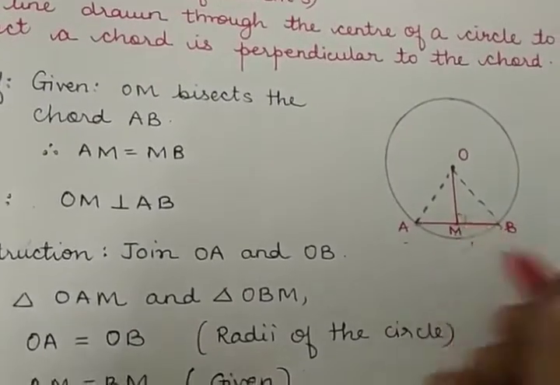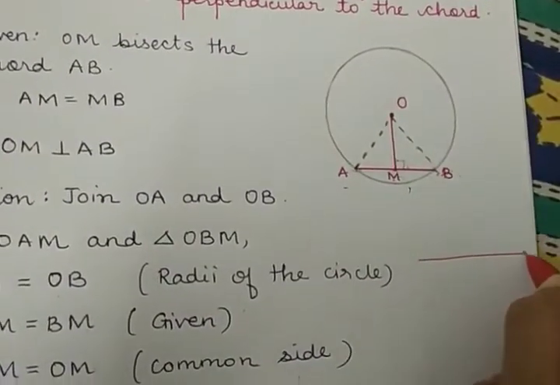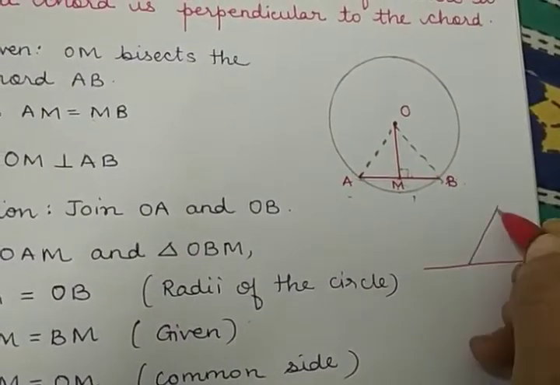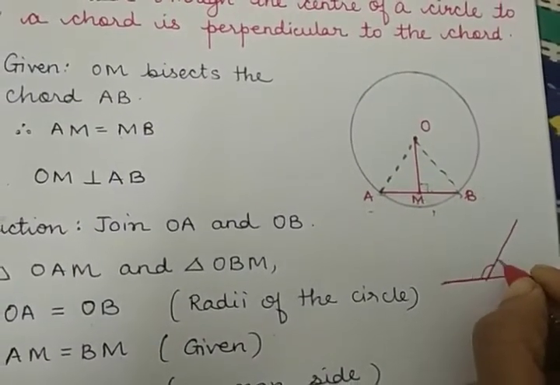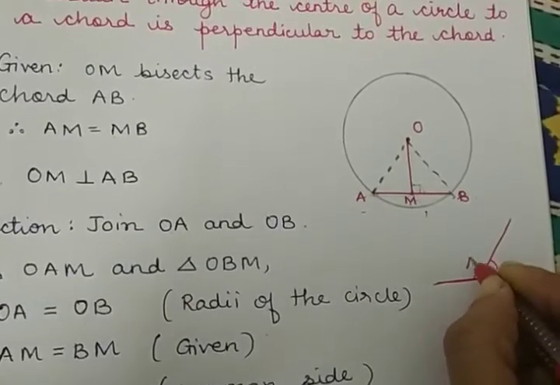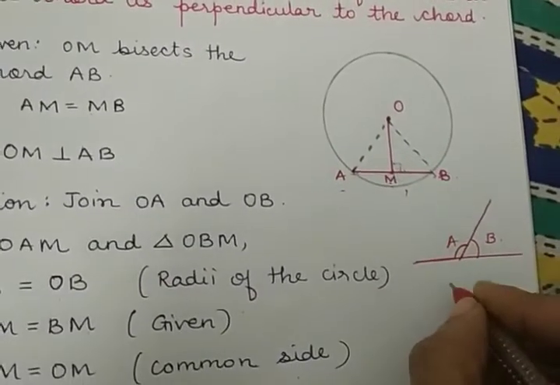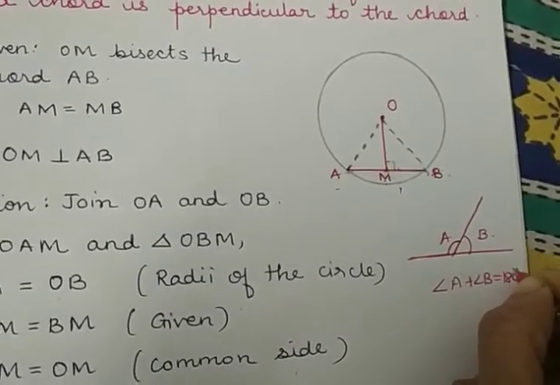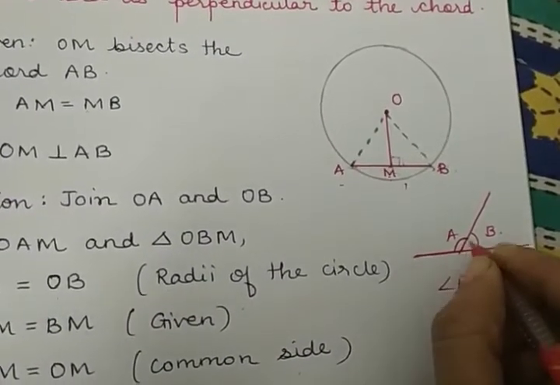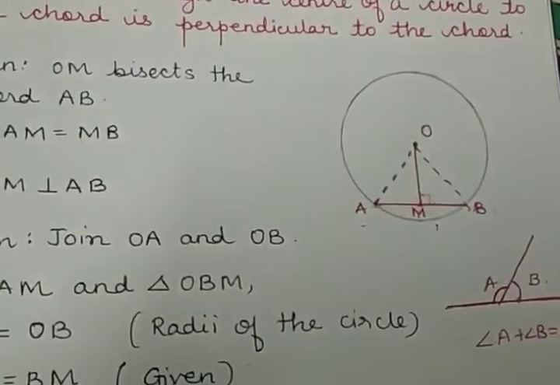Why? Because if you have a line here and this is one angle A and this is another angle B, then angle A plus angle B is equal to 180 degrees. Why? Because they form a linear pair.